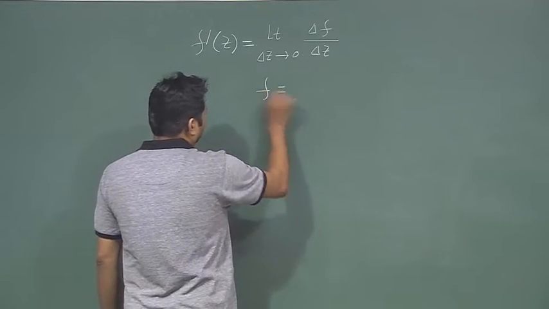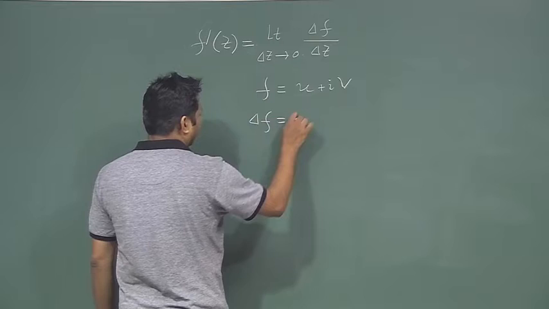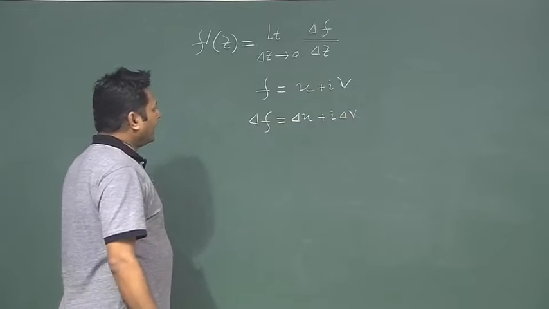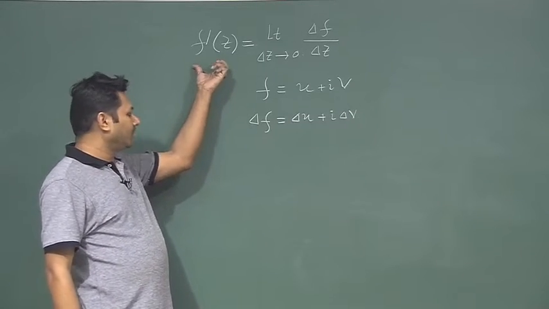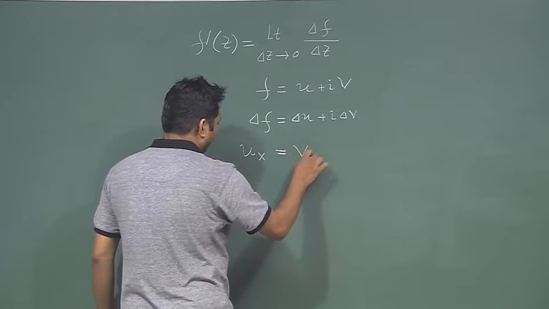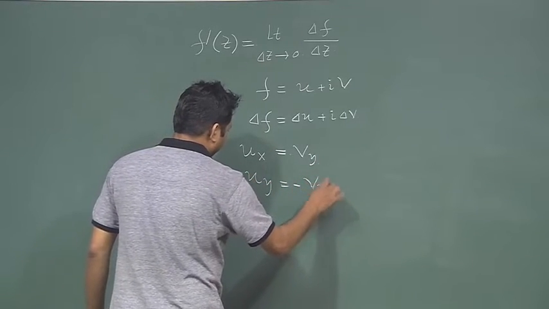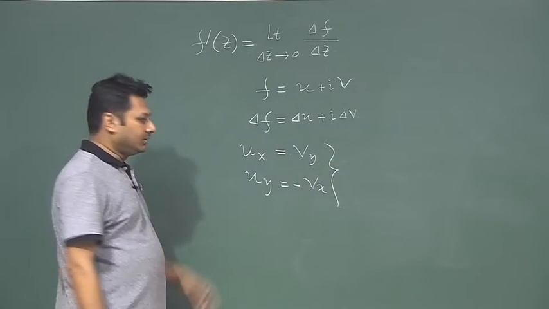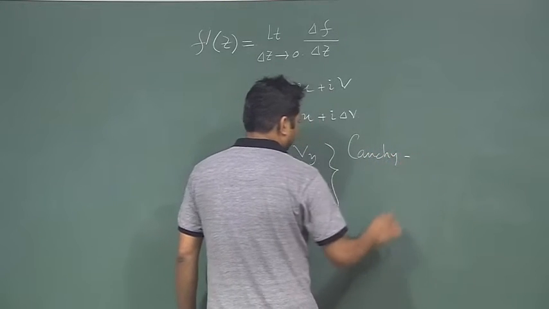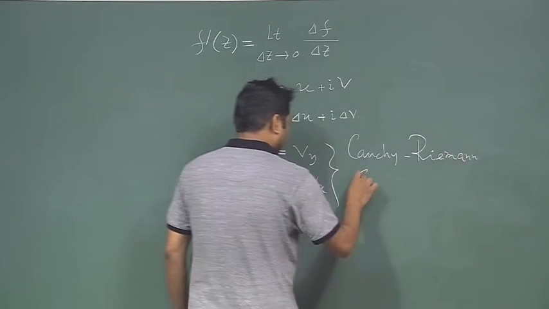If f was u plus iv and delta f was delta u plus i delta v, then we say that this derivative should exist if u_x is equal to v_y and u_y is equal to minus of v_x. These equations were called the Cauchy-Riemann equations.